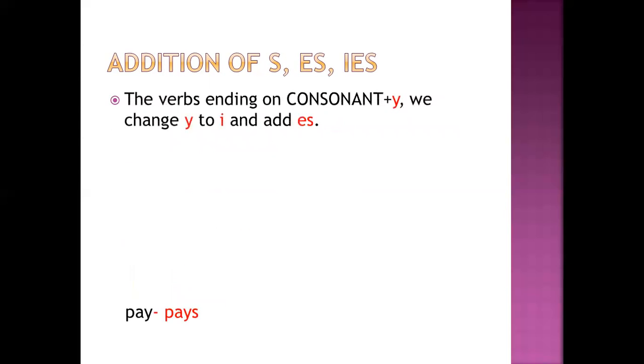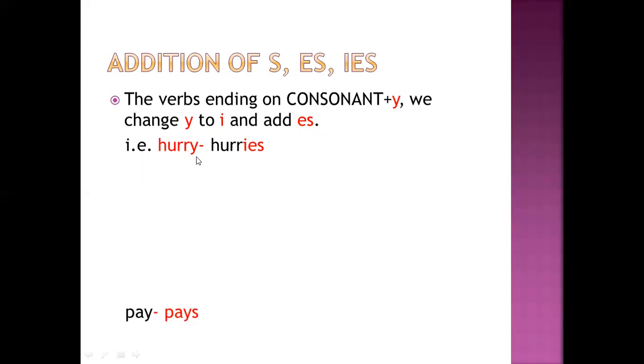Now, when are we going to add ies? This is the third case. For the verbs ending in consonant plus y, we change y to i and add es. For example, look at the first example, hurry, H-U-R-R-Y.